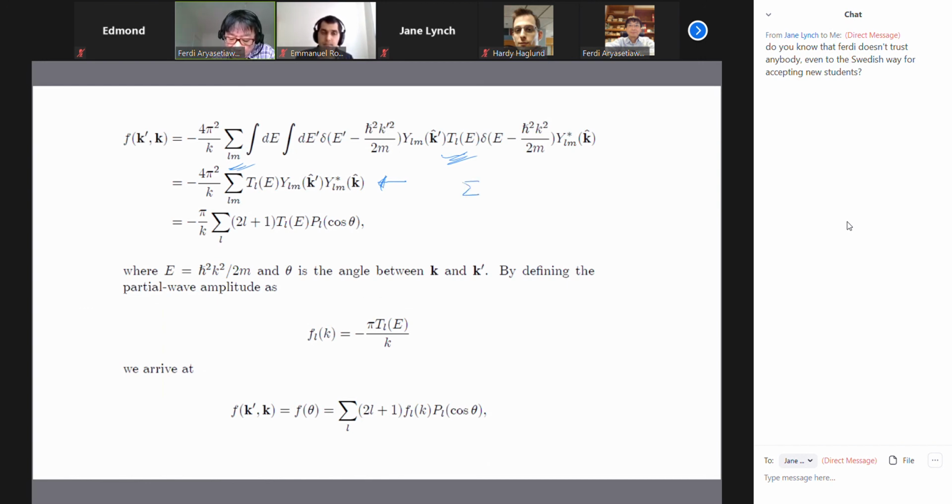We have a sum over M of Y_LM and Y_LM star, which is then equal to 2L plus 1 upon 4 pi times the Legendre polynomial. So theta is the angle between k and k prime.